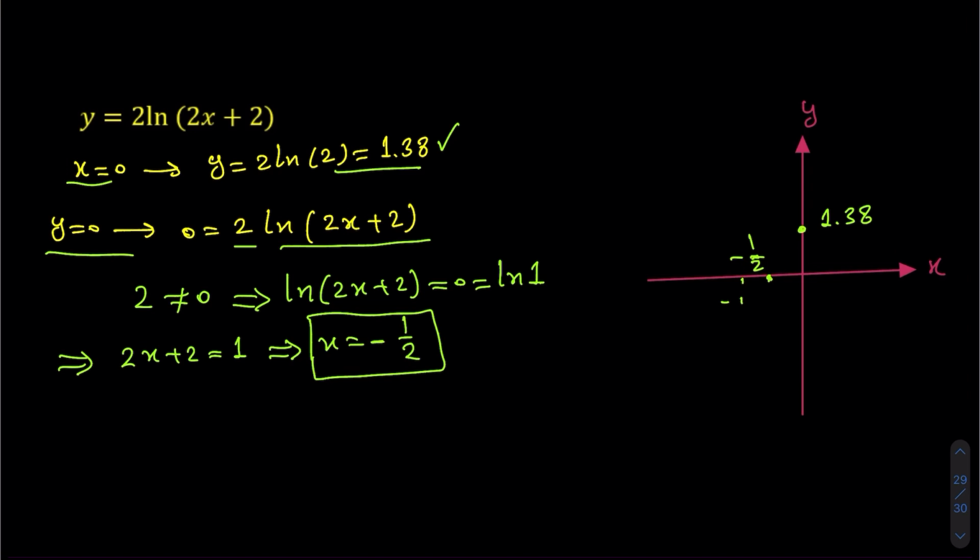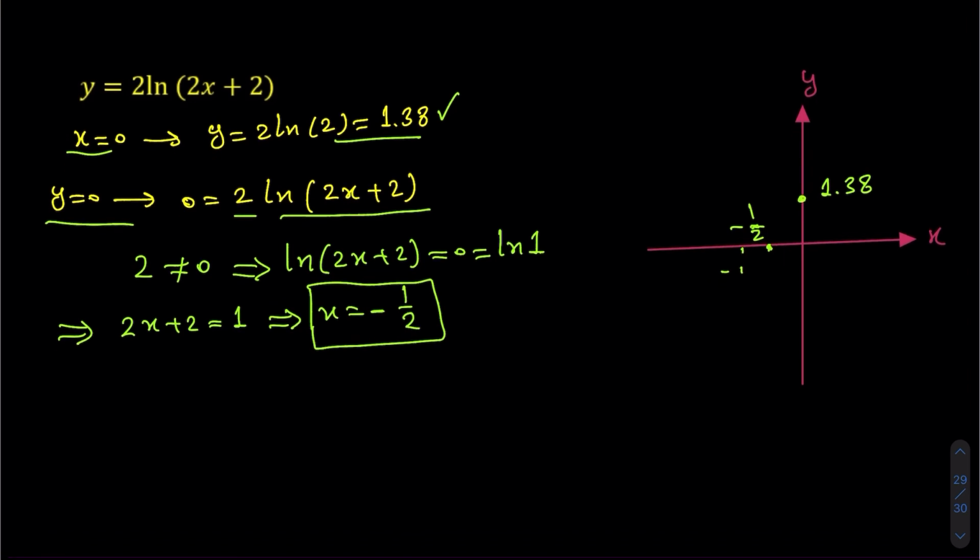But now here we need to make sure what will happen to y if x approaches positive infinity. Therefore, y also approaches positive infinity because it's a huge number, and ln of positive infinity, of course, is not defined, but that means a huge number, right?